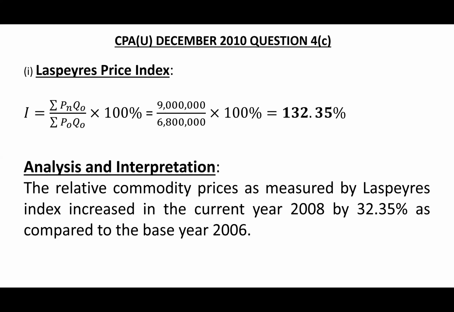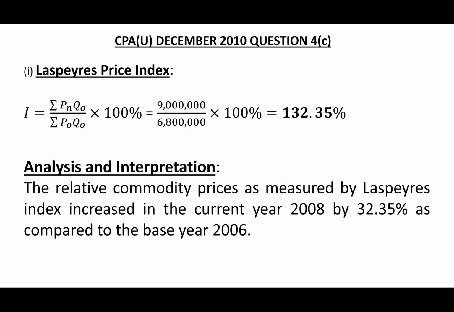That analysis has to be given all the time. As per the examiner, the index numbers should not be left in isolation. They must be accompanied by the analysis and interpretation.